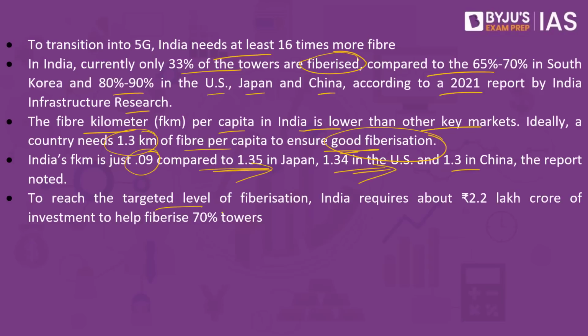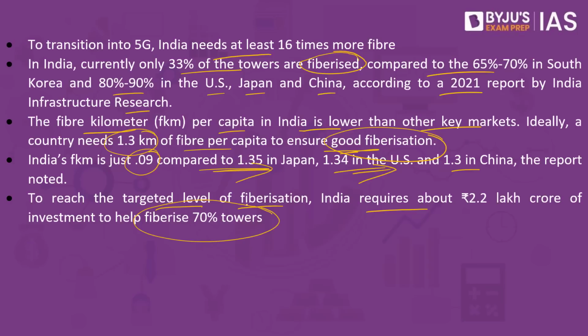To reach the targeted level of fiberization, India requires about 2.2 lakh crore of investment to fiberize 70% of the towers. So as of now, we do not have enough strength, we haven't fiberized, and as a result, 5G services, even if rolled out, many people may not be able to get the required service. This is the first major challenge.